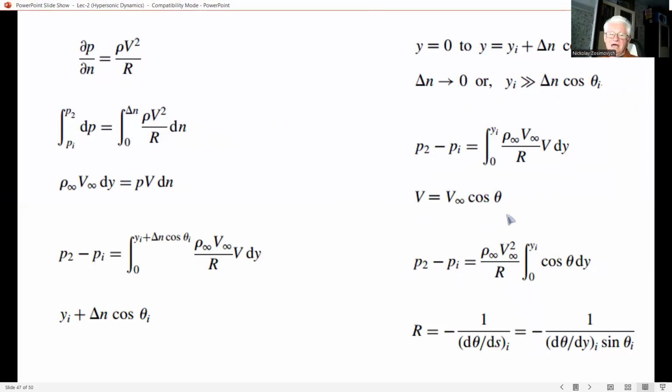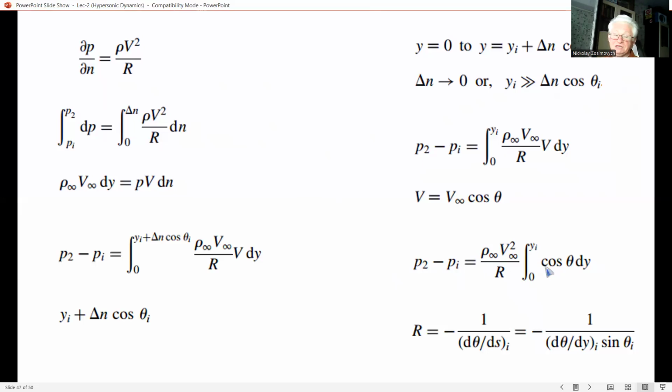Recognizing that R is assumed constant for all streamlines crossing and above point 1, we get the next expression for p2 minus p1. So this constant, rho v squared over r, times the integral from 0 to y sub 1 of cosine theta dy.